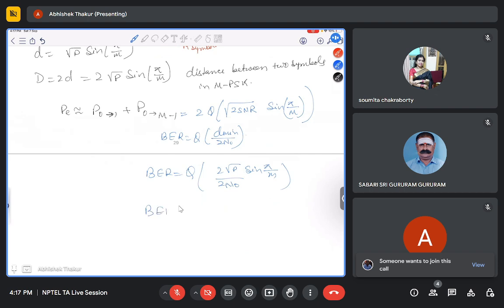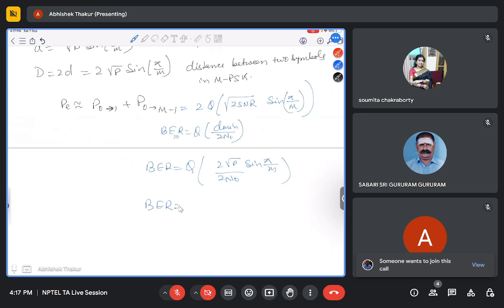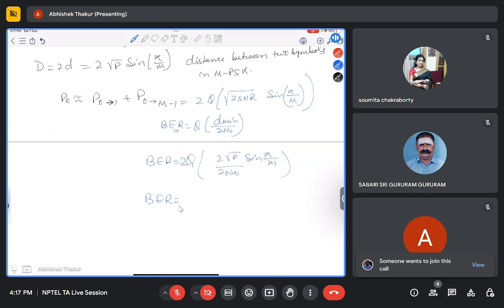So bit error rate is equal to, and it can happen in both directions, this direction also and this direction also. So we'll multiply by 2.